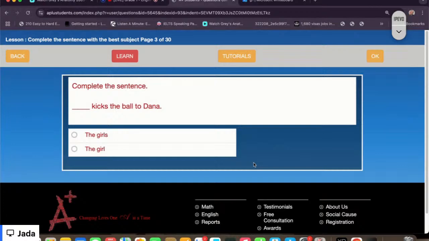Kicks the ball to Dana. Now, kicks the ball to Dana. What is the right subject here that would complete the sentence?